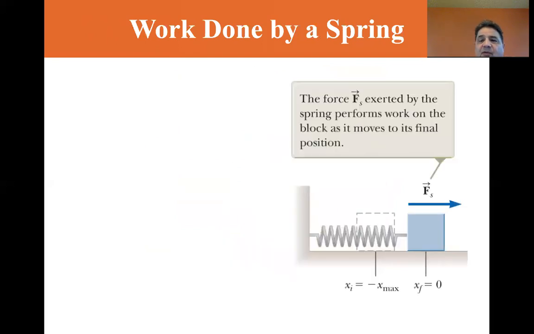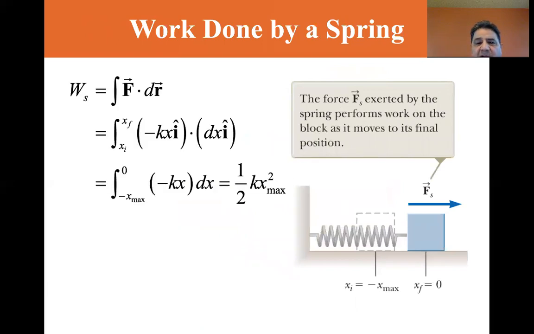Okay, the force Fs exerted by the spring performs work on the block as it moves to its final position. So the work is equal to the integral of F dot dr, the integral from x initial to x final of minus kx i dot dx i, and referencing the graph before, from minus x max to 0, the integral of minus kx dx, and you end up with 1/2 kx squared max.